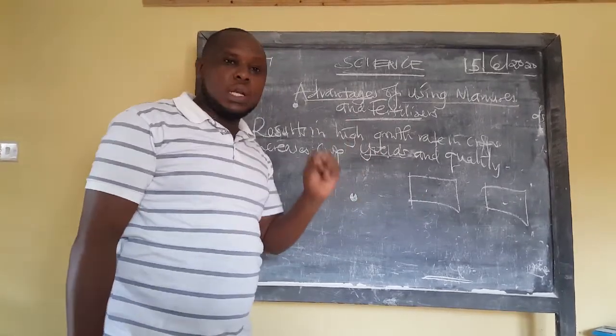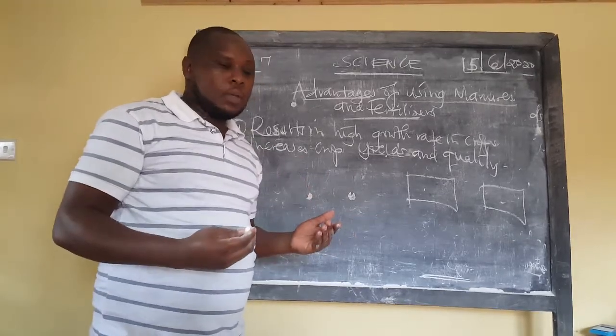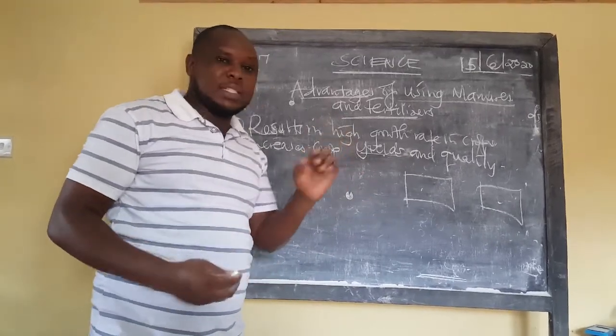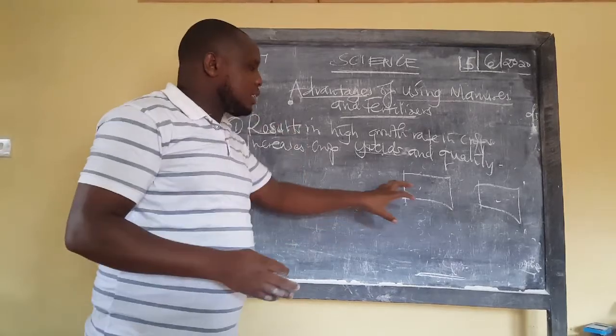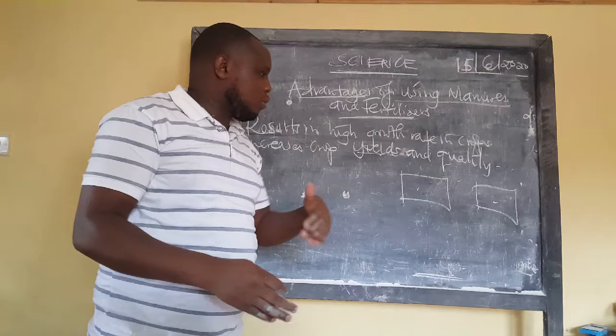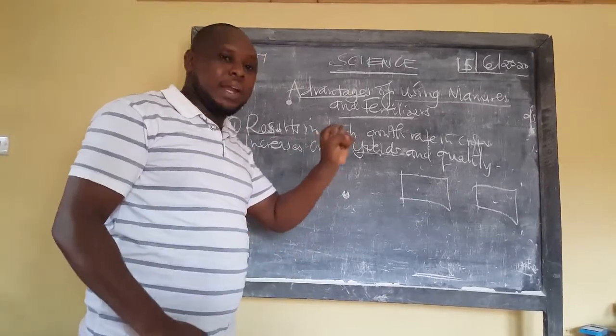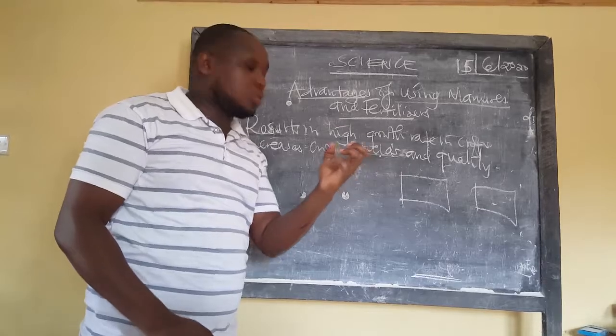Then look also at the quality. What is quality? Quality means the goodness of a thing. So look at the goodness of that particular maize. The maize will be shining. In its initial stages, at a height of 1 foot, the maize will look dark green, meaning the color is so nice.